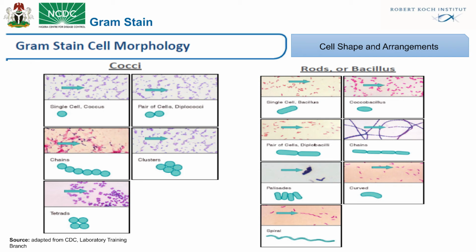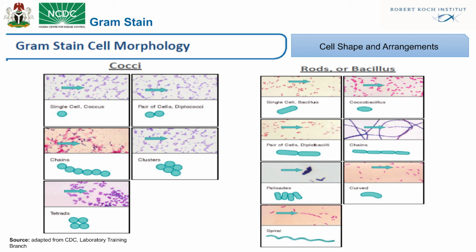Then you have the ones in clusters, such as the staph, and then you have the tetrads, cocci in pairs of 4. For the bacilli, you have the single bacilli, the coccobacilli, the diplobacilli, the curve-shaped gram positive bacilli, and then the palisades.